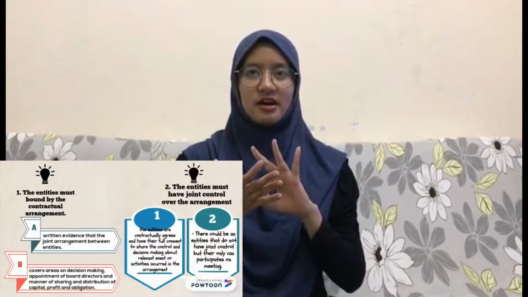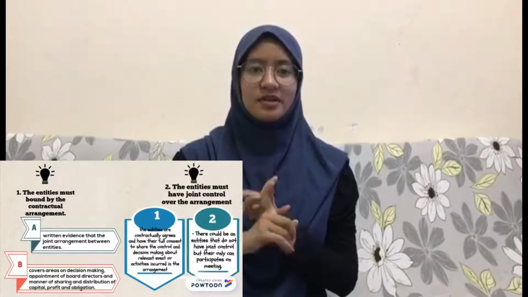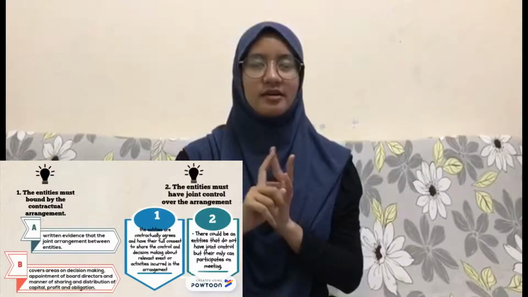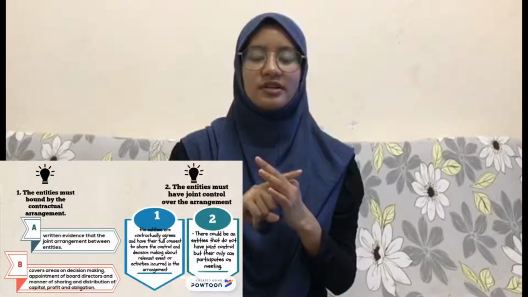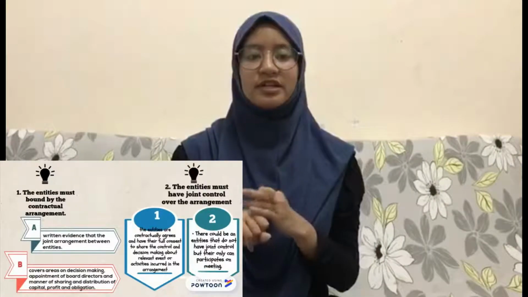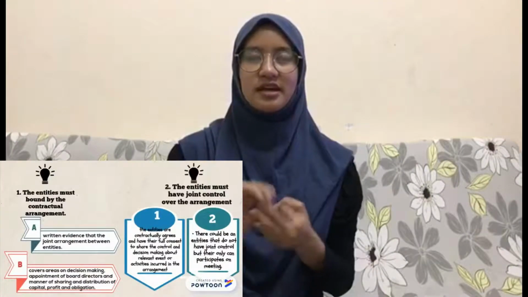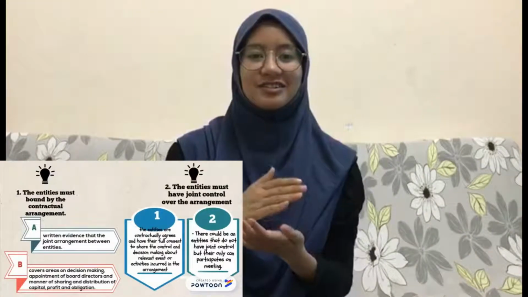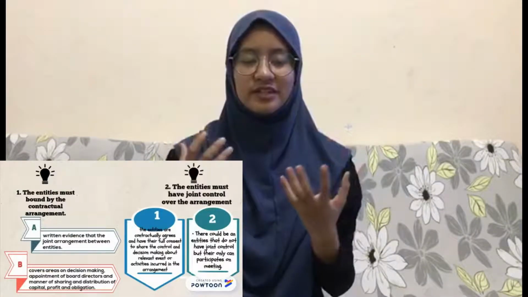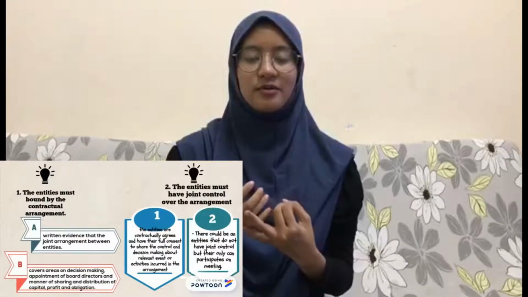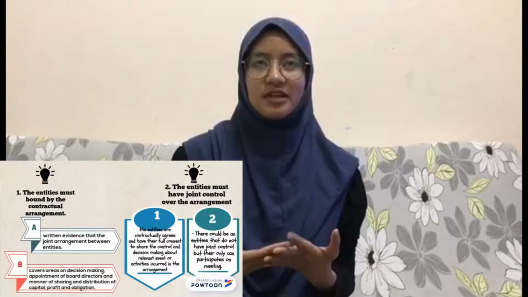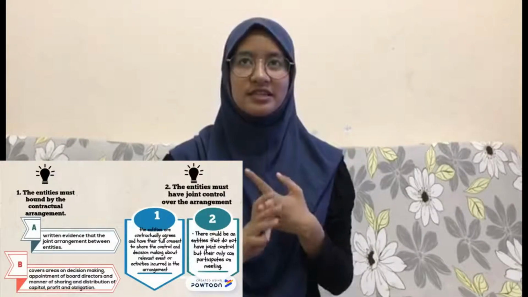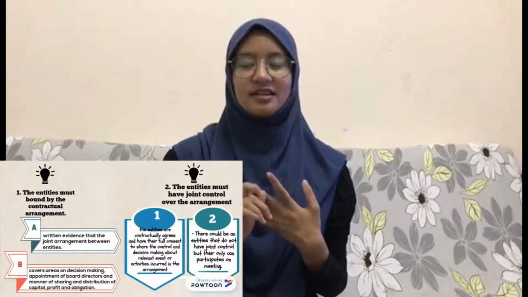For example, there are three entities, A, B, C. If A and B have control while C does not have joint control but can only participate, this means that A and B have full joint control over the arrangement, which means they can make a decision or vote in the meeting, while C cannot. C can attend the meeting.